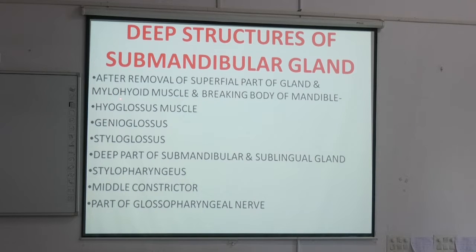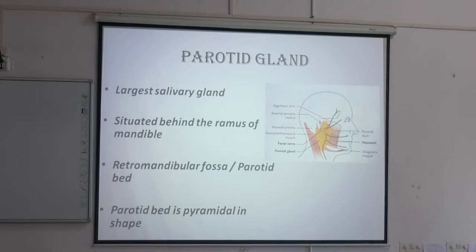Now, the mylohyoid. Now, hyoglossus, the hyoid bone and the tongue, genioglossus, styloglossus, deep part of the submandibular and sublingual gland and stylopharyngeus, middle constrictor, part of the glossopharyngeal nerve.